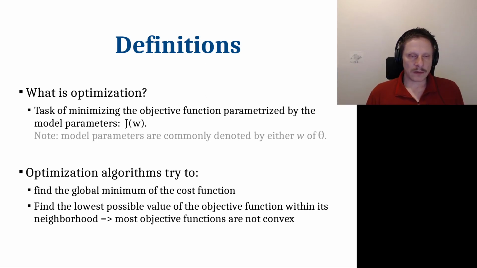But in the context of deep learning, where we do not have this property, we will just try to find the lowest possible value of the objective function within some local neighborhood. Since as I just mentioned, in the normal case, the objective function is not going to be convex, so we're just doing some local search in this case.